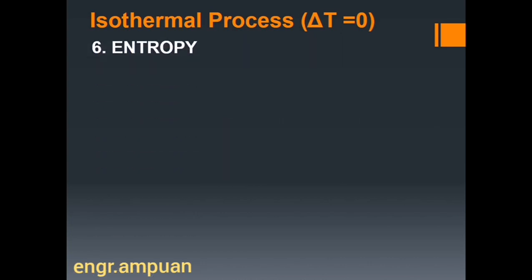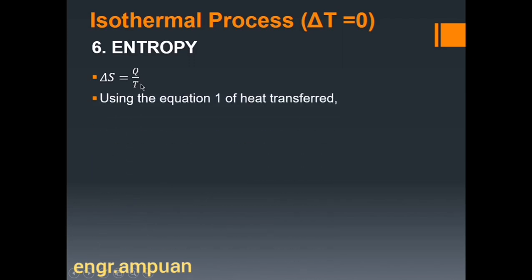Now is the entropy. Again, the change in entropy is equal to Q over T, right? And this is the equation for the heat transferred. Copy and substitute it here.